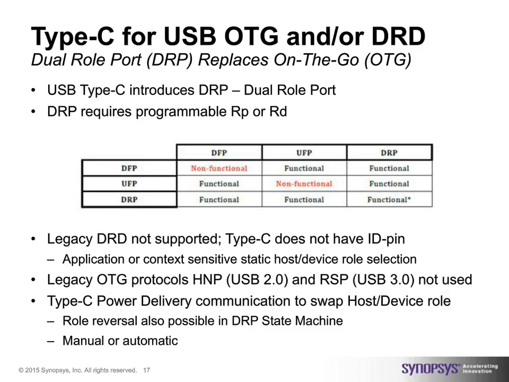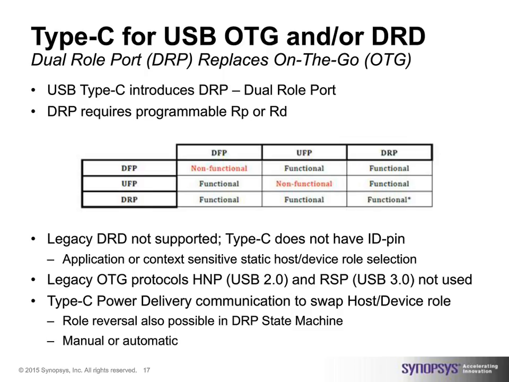which is perfectly doable, but it requires you to have a link between the very lowest level of your protocol and the applications. Type C doesn't use the legacy On-The-Go protocols, the host negotiation protocol for 2.0 and the role swap protocol from 3.0.